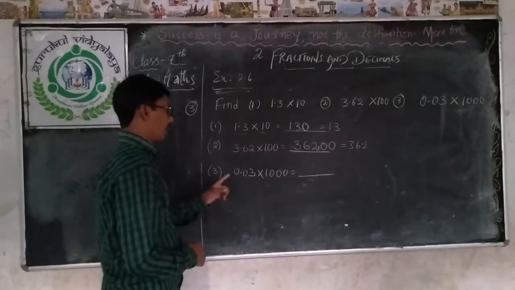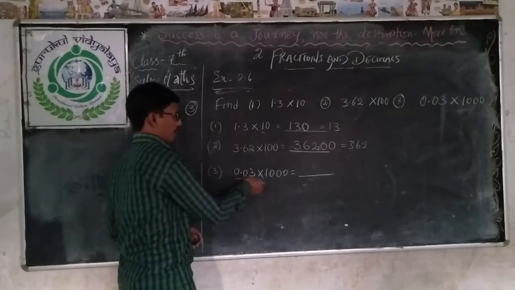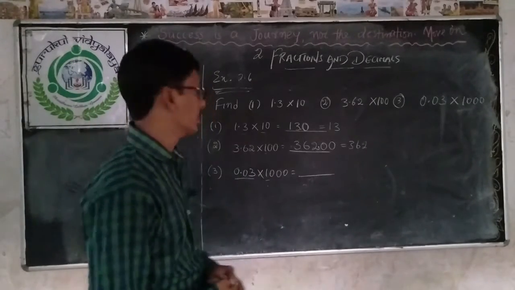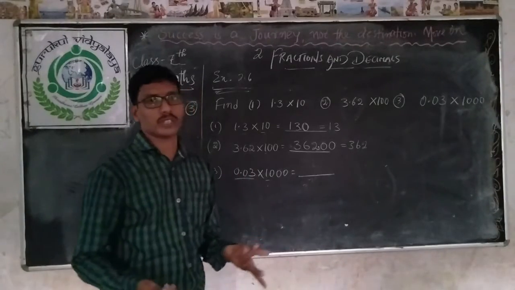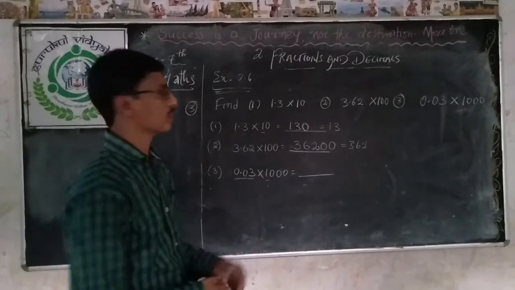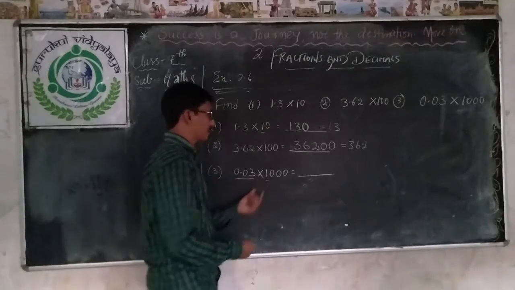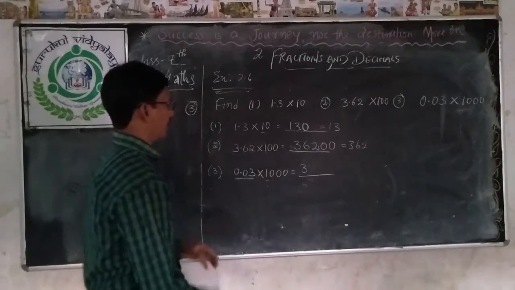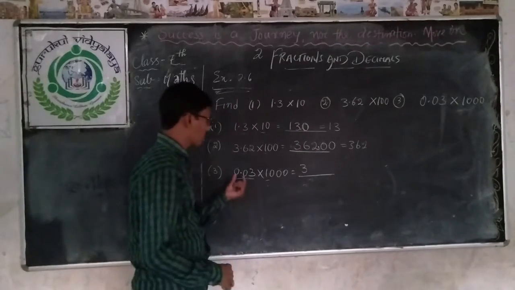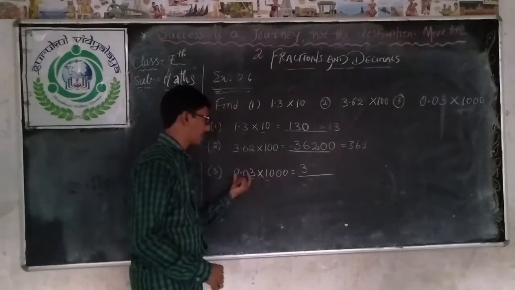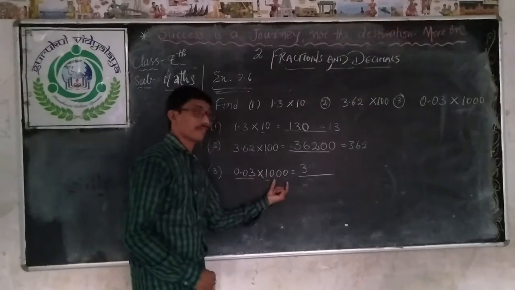Okay. And the third one, again the same number, 003. 003 means 3 only. So if zeros are before a number, there is nothing, those zeros are negligible. So it is considered only 3. 3 ones are 3. How many zeros will be there? 3 zeros. Don't count these zeros, children. Count the zeros in these values, because these are negligible zeros and these are valuable.